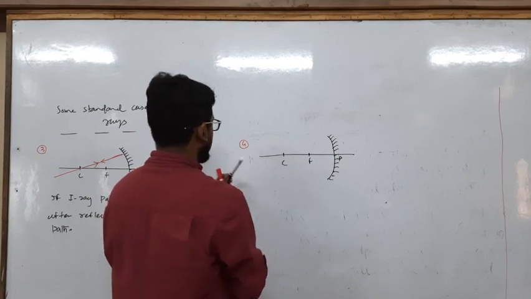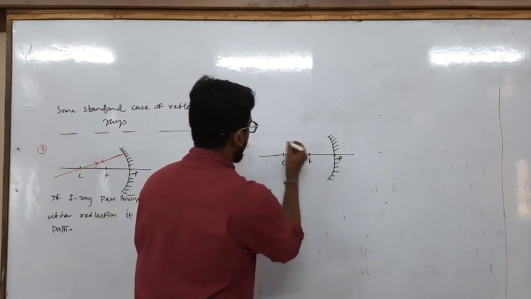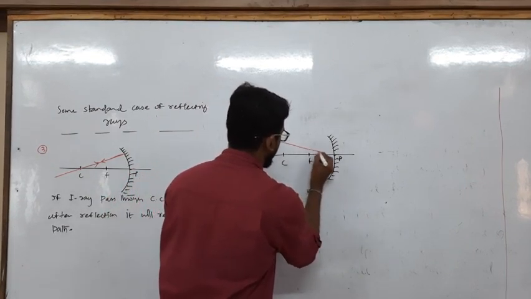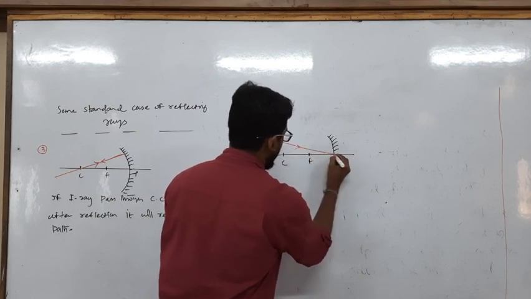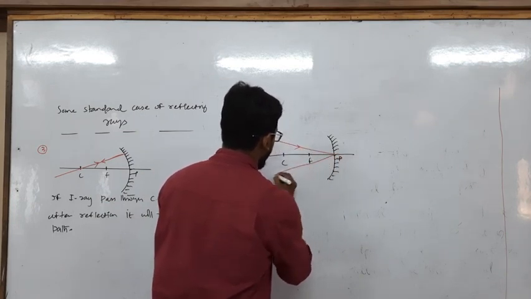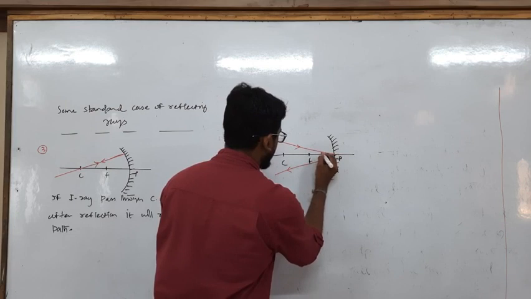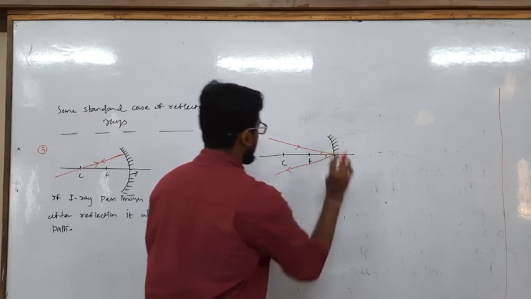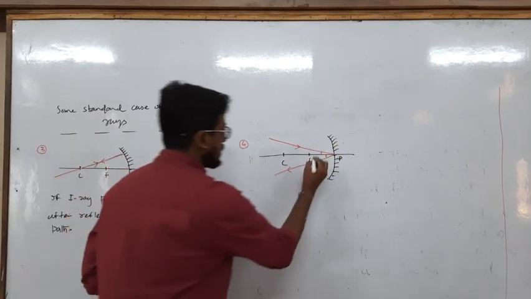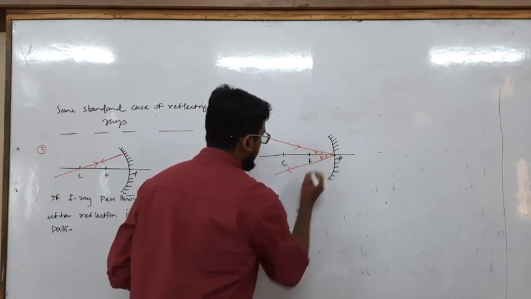If the incident ray passes through the pole, then after reflection it will come back making the same angle with the principal axis. If this angle is theta, then this angle will be theta.